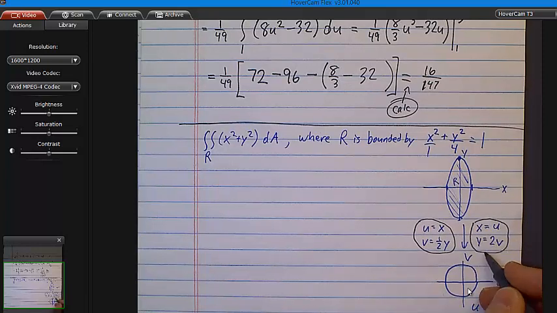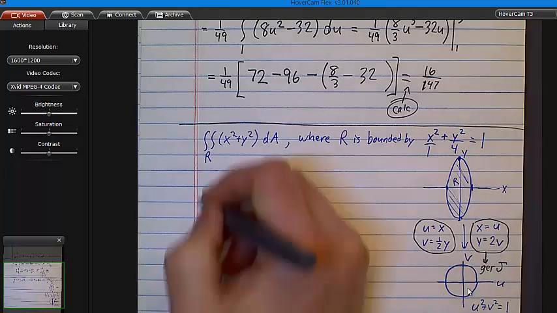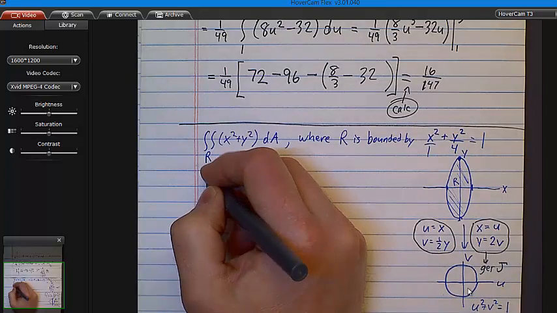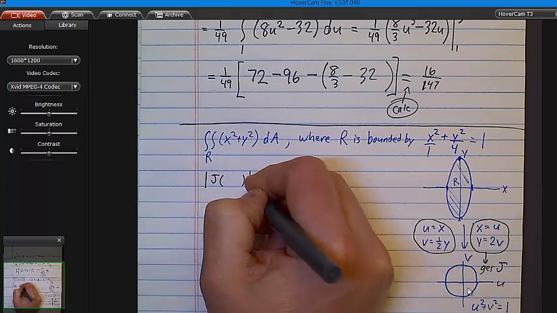We're going to use that to get the Jacobian, J. You guys want to try it? See if you can compute the Jacobian. So again, the way the book is going to write it is the absolute value of J of u and v.